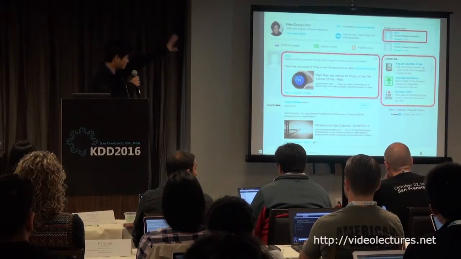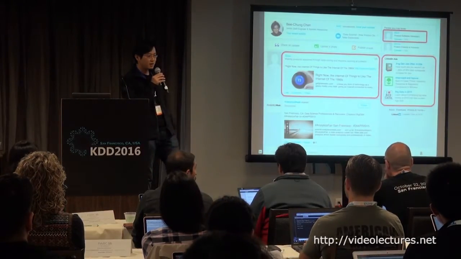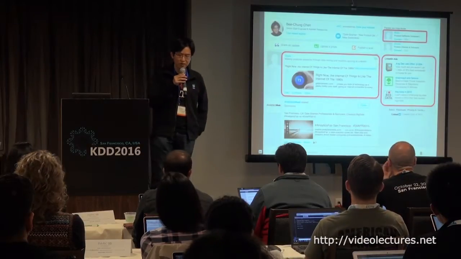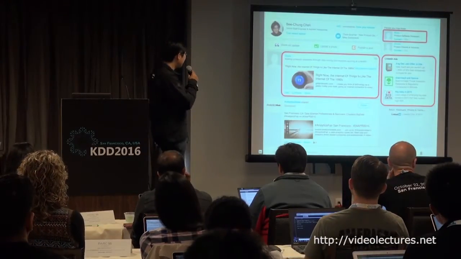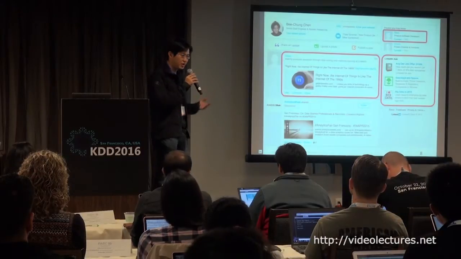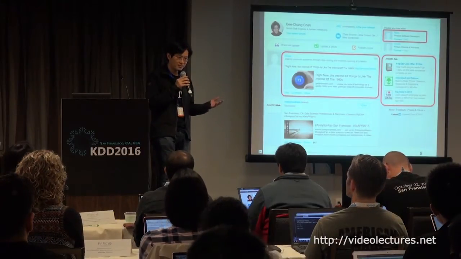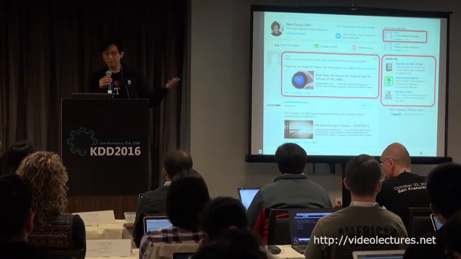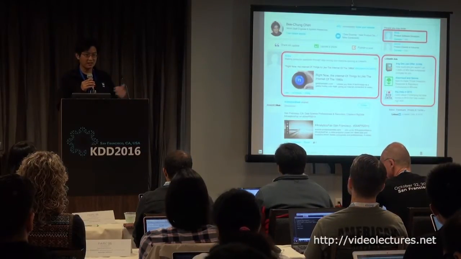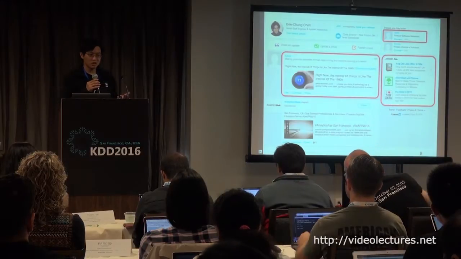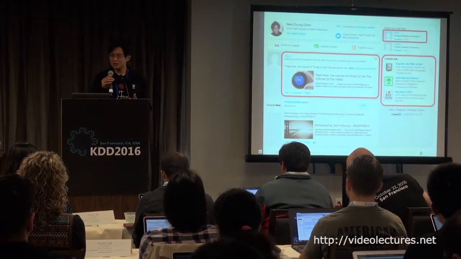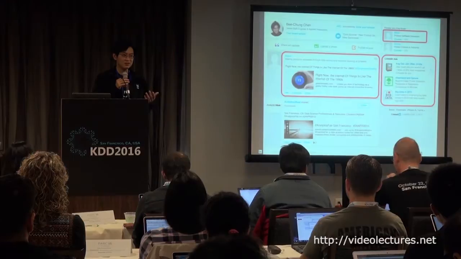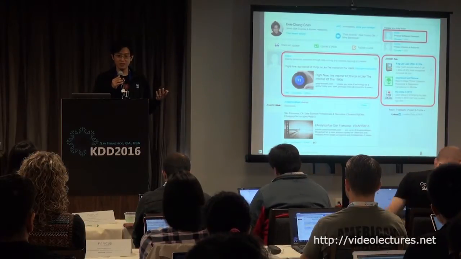In the center part, we have a feed of updates from your friends. There are articles shared by your friends and also some other information. Here, each update is an item, and the objective is to maximize users' engagement. Usually, we can measure engagement using, for example, users' interaction.